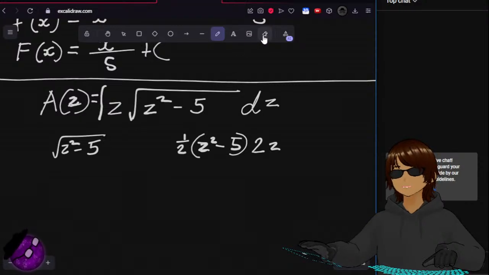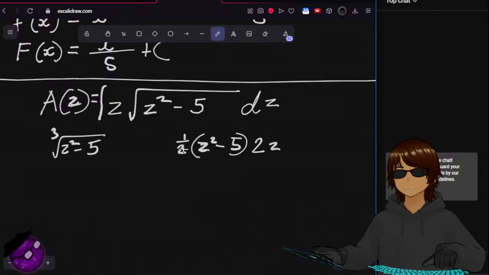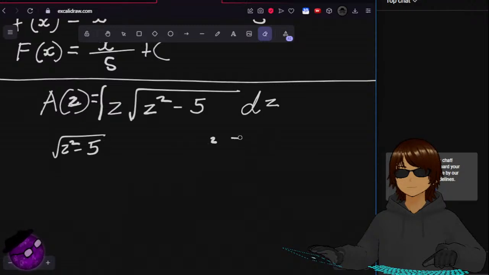Okay, how about this? We do cube root. So it's like to the power of 1 over 3. No, wait. Not cube root. Three over 2, I think.